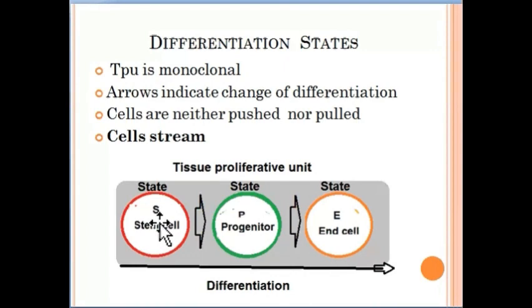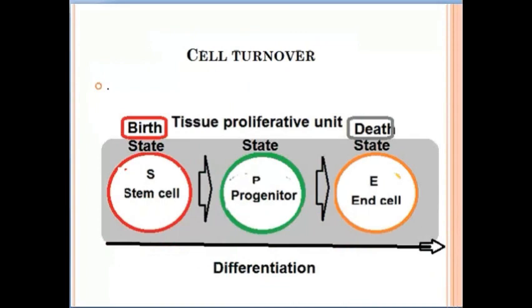It simply streams, like you may say that there's a little river here which streams, and the river of the cells streams and they differentiate as they go. So the cells are born as a stem cell and die at the end state. And this is the sense of the cell turnover.